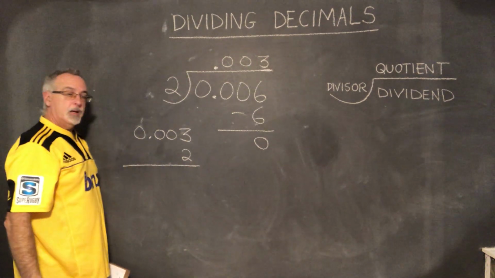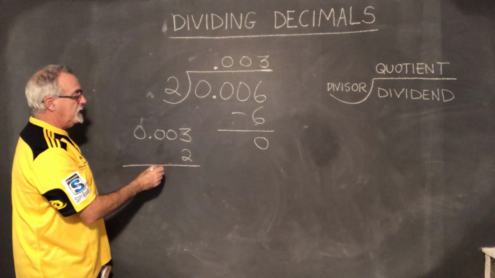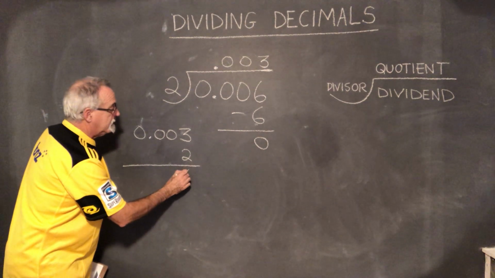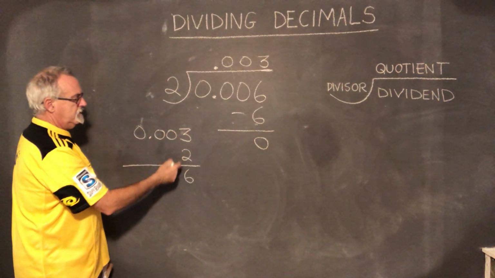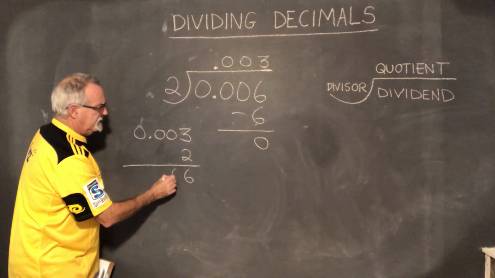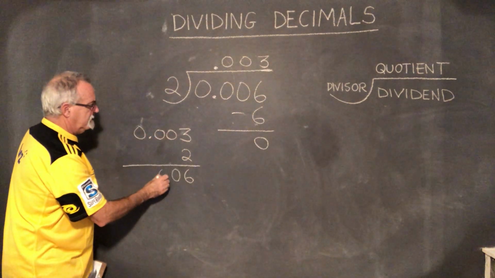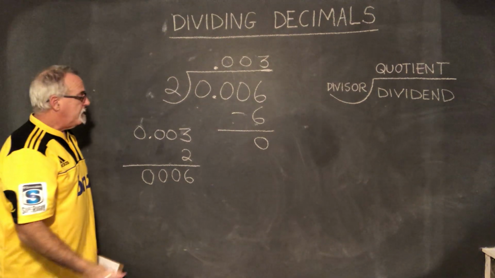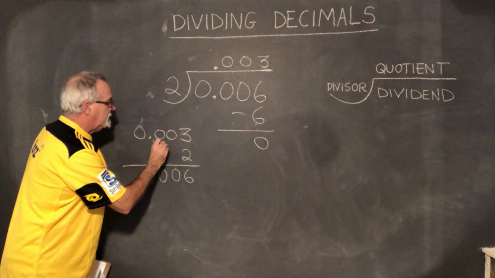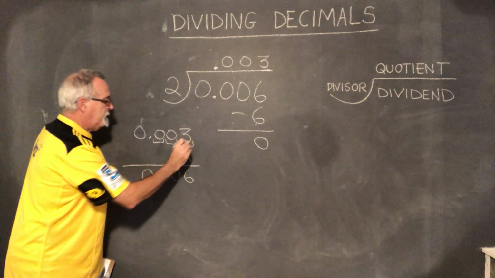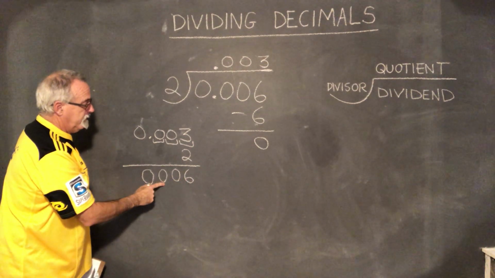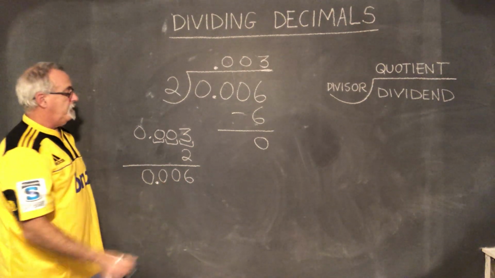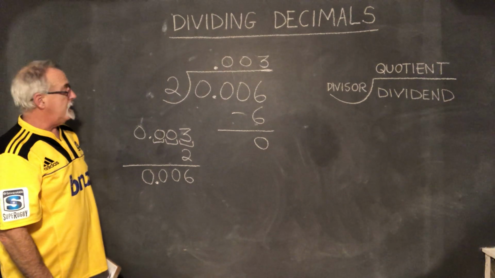I'm doing my multiplication of decimals, which I know all the students know how to do. 2 times 3 is 6. 2 times 0 is 0. 2 times 0 is 0. 2 times 0 is 0. I guess I can stop. But then, oh yes, decimal digits. 1, 2, 3 digits to the right of my decimal. Therefore, 0.006 is my answer.